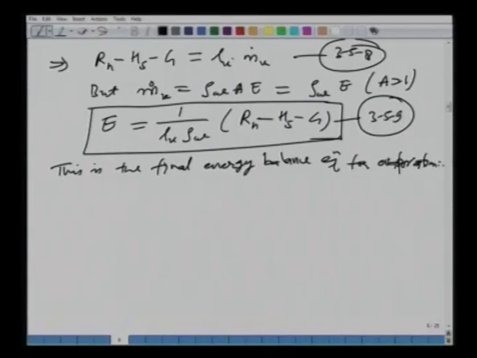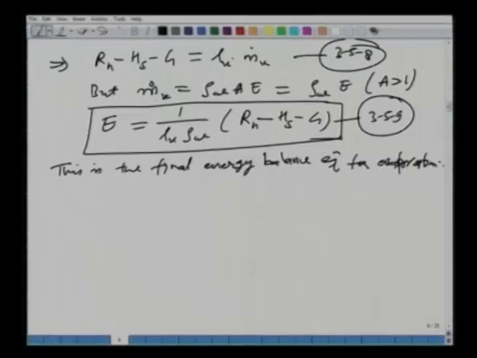Now, you see that this final expression for evaporation involves three things as far as the energy is concerned: Rn, Hs and G. Normally, the incident radiation or the incident heat energy Rn we can measure using instruments. In fact, most meteorological stations will measure the heat coming in.